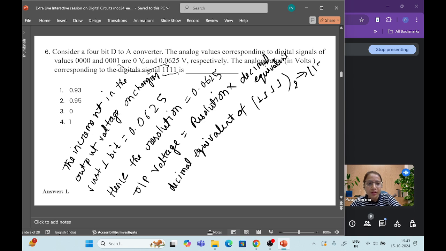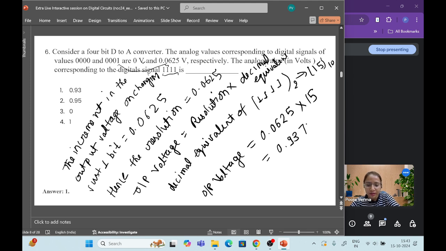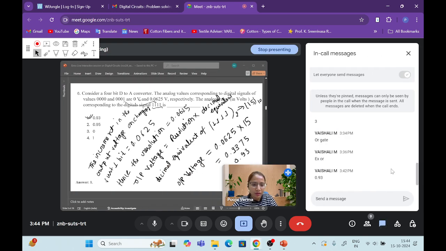Already we know that is 15, right? So what will be the output voltage? Output voltage is equal to resolution into decimal equivalent, so 0.0625 into 15. If you multiply, you will get 0.9375. So you can write it as 0.93, right? So option 1 is the correct answer for this question.